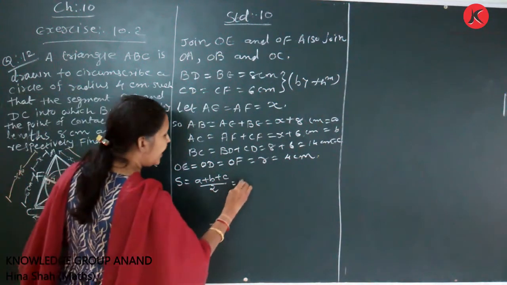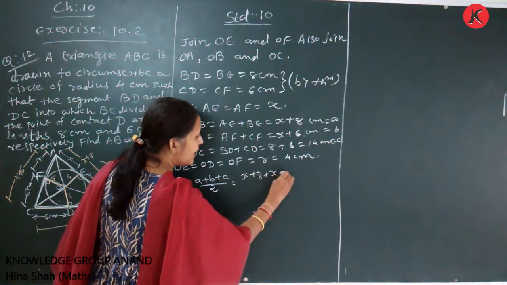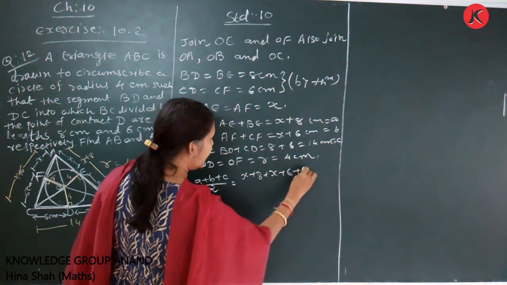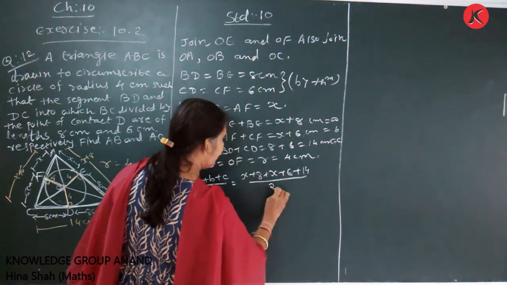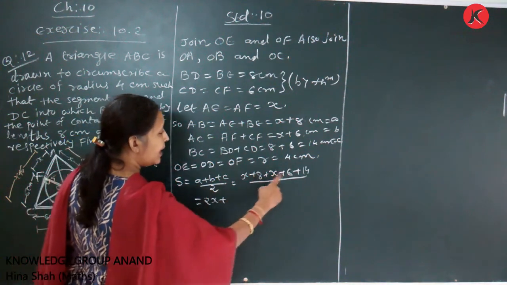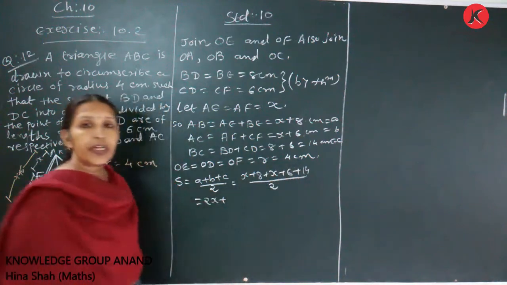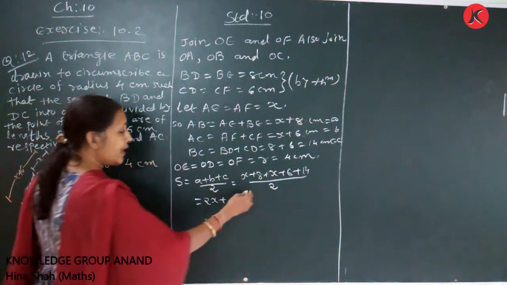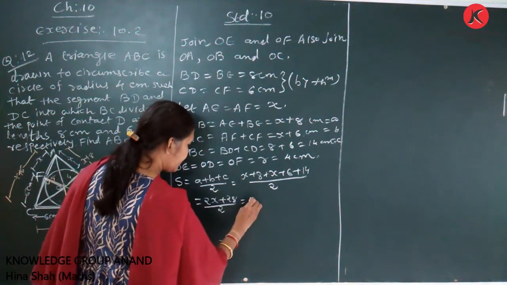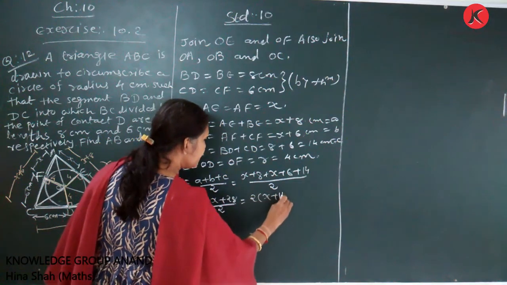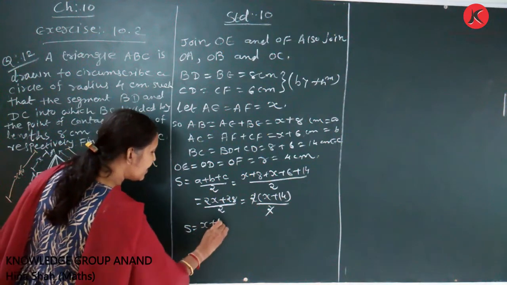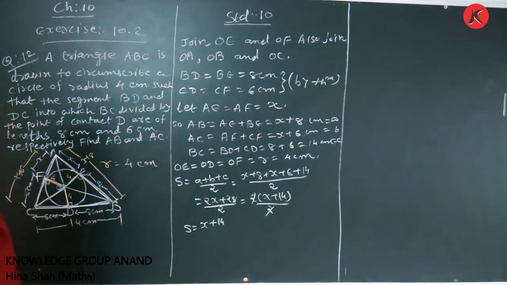Here x plus 8 plus x plus 6 plus 14 divided by 2 equals 2x plus 28 divided by 2, which is equal to x plus 14. Therefore s is equal to x plus 14.